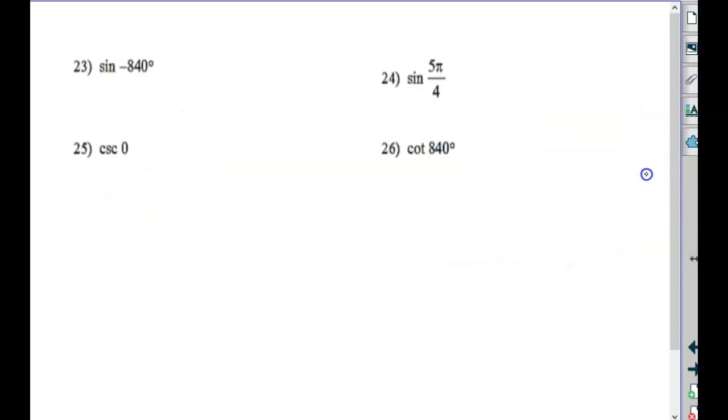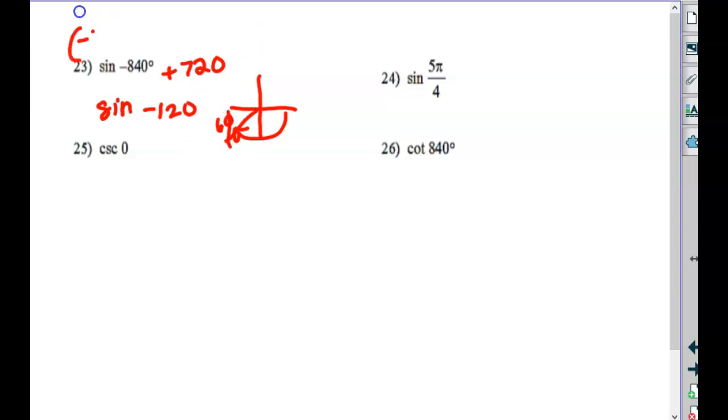All right. Negative 840. I would add some 360s, like 2 of them, at least. You could even keep going until it's positive. That would give me a negative 120, which is down here at a 60 degree reference angle, over a little, down a lot.